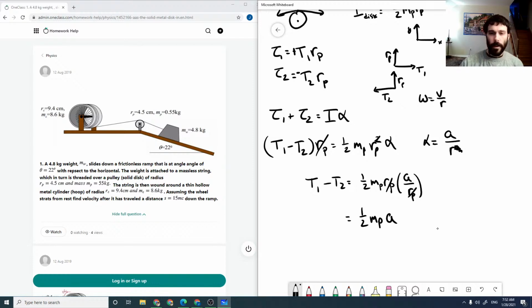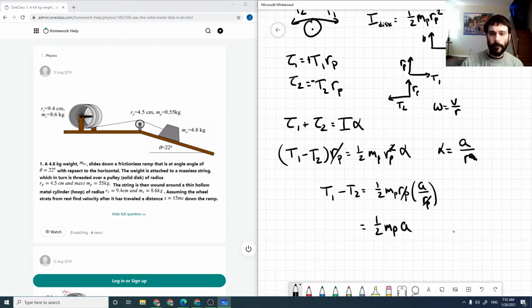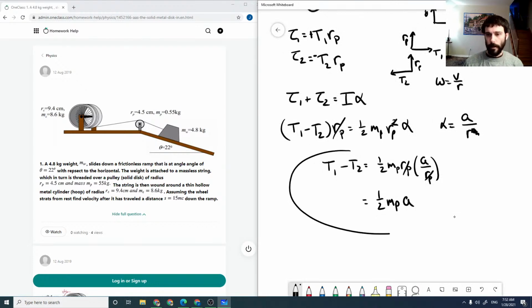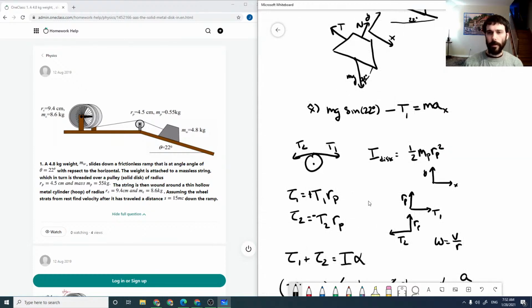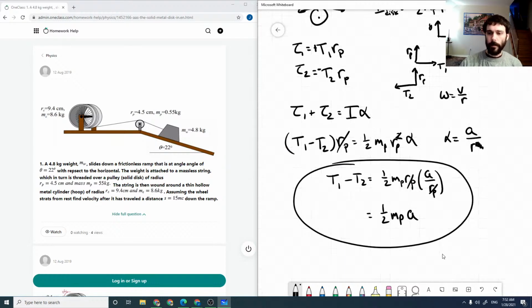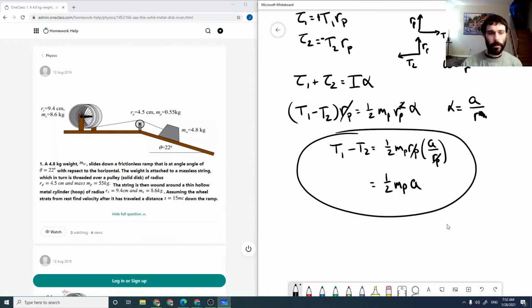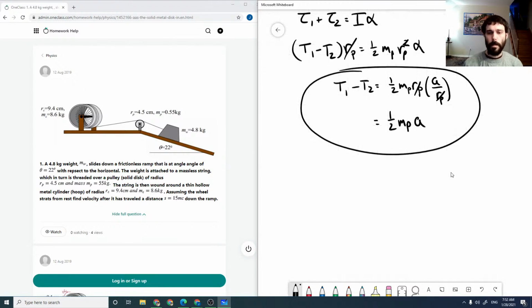Okay, and now if we look at the hoop, so we've got this expression relating our tensions, and we've got this expression relating our tension to our acceleration. And now if we look at our hoop, now we have just one torque, just tension 2, and there's our RC.